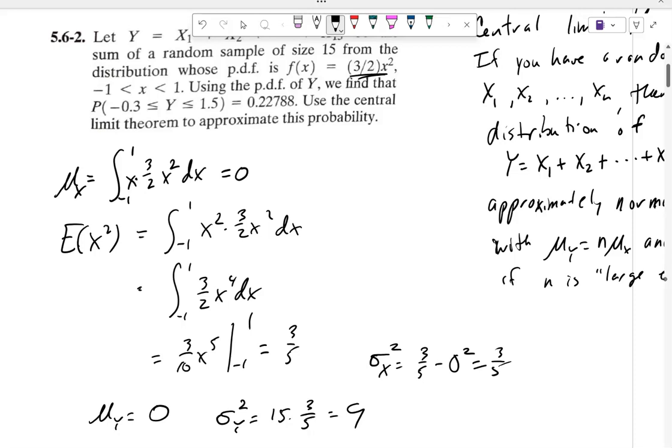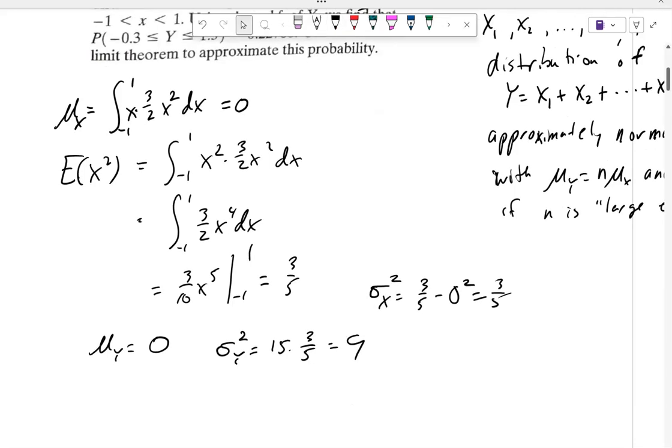Yeah? Okay. So now we want the probability that y is between negative 0.3 and 1.5. Well, we now turn this into a normal distribution question. How are we going to attack it?